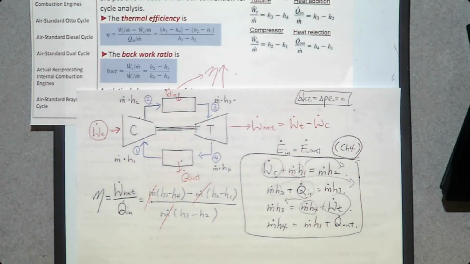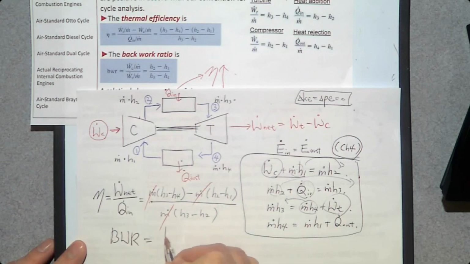The backwork ratio is how much power the compressor consumes from the power the turbine produces. So the backwork ratio can be determined by compressor power divided by turbine power. What is compressor power? Where is compressor? Oh, here.